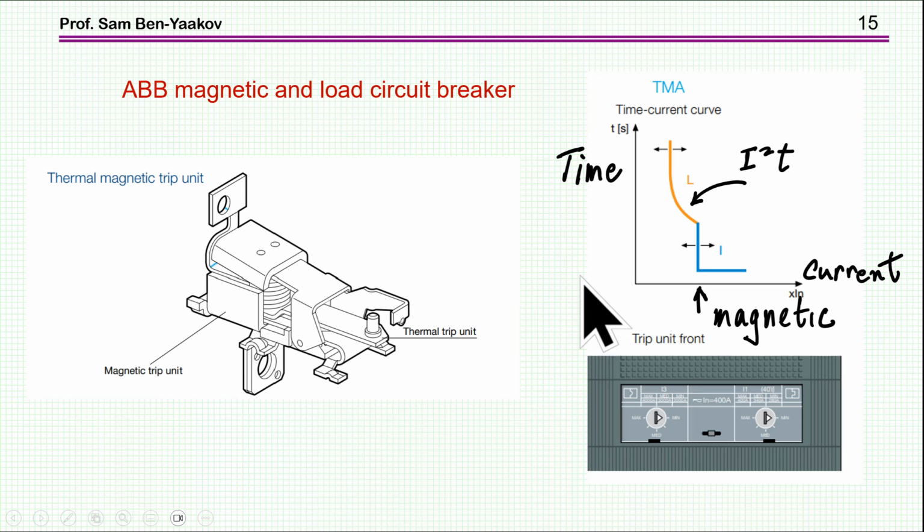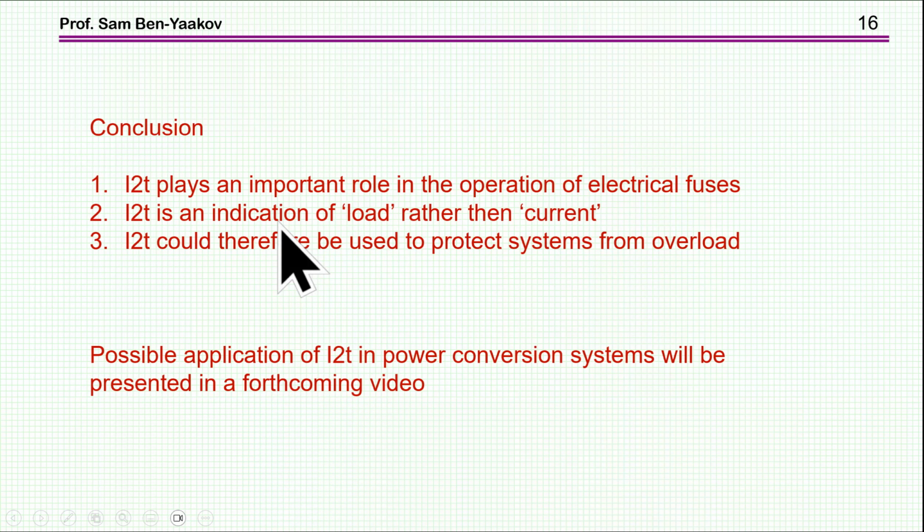It's not just limiting the operation at a given current, while in fact you can sometimes, like even in an electric car for example, go to higher current for a shorter time. And this I2t is actually a measure of the energy which the system is dissipating, and therefore the temperature rise of the system. So what are the conclusions here?